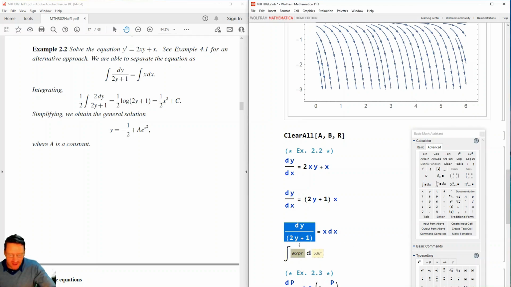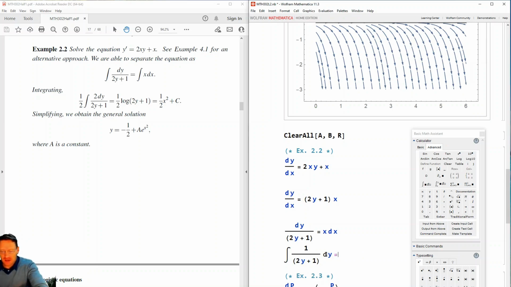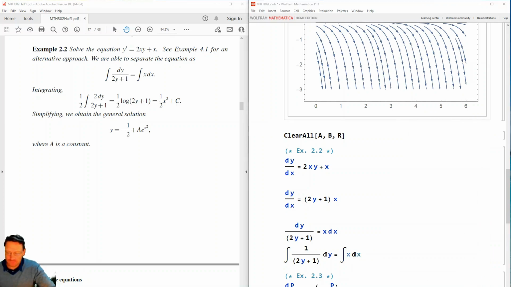So on the left we have 1 over 2y plus 1, and that's integrating with respect to y. And then on the right-hand side, we have an integral of x with respect to x. Okay, so now we can go ahead and integrate this.